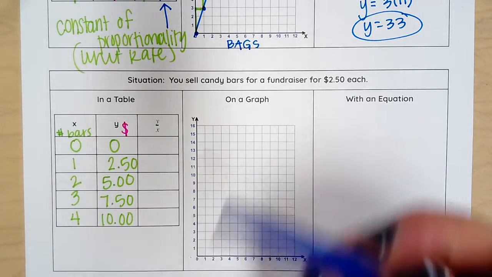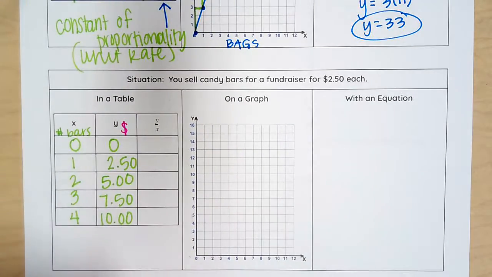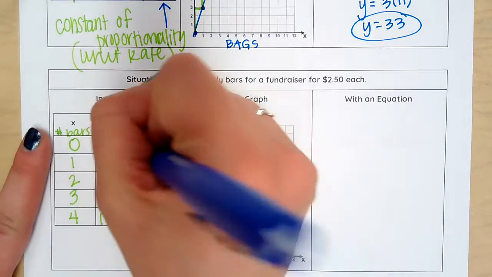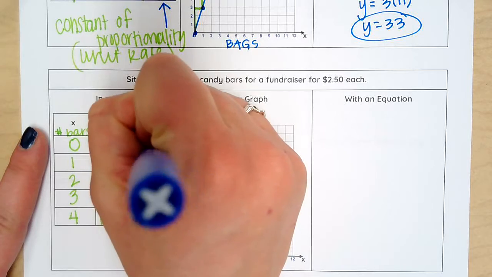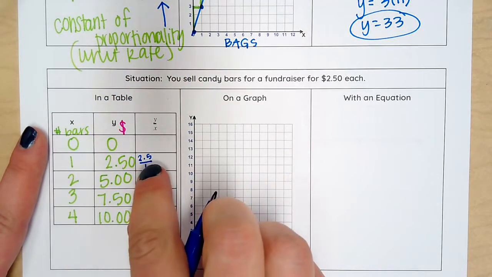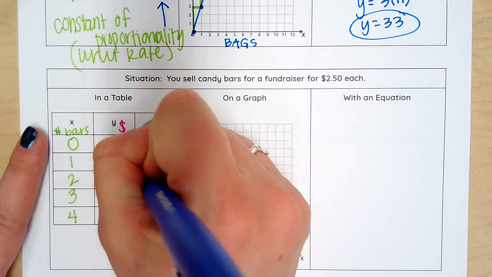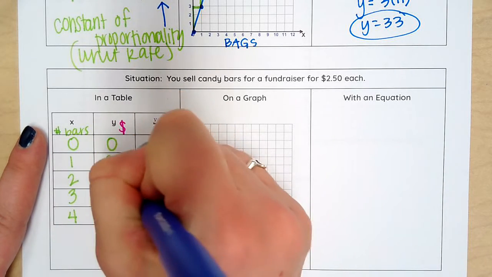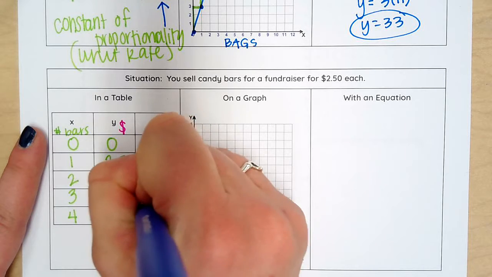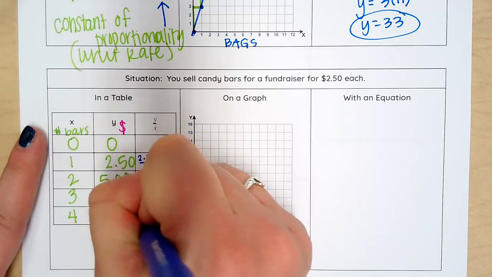So now I go ahead. I don't need to do my y over x for 0, 0 because that's just 0. But I need to do it for everything else. 2.5 over 1. Remember, which one goes on top? Y or x? Always y. 5 over 2. 7.5 over 3. 10 over 4.